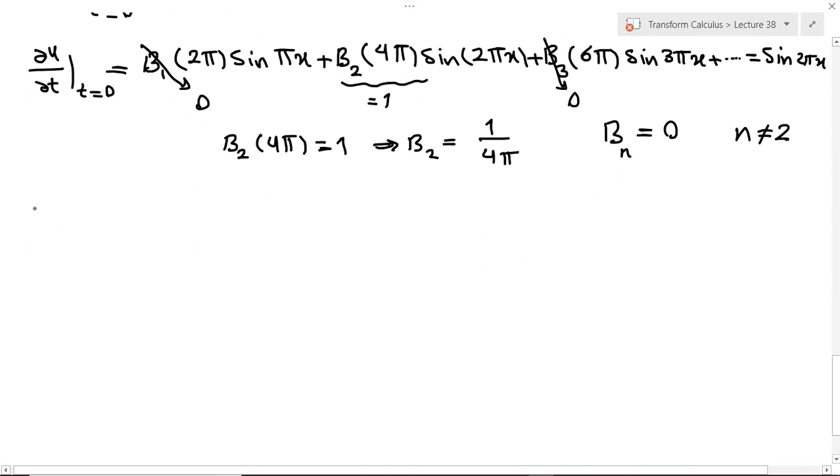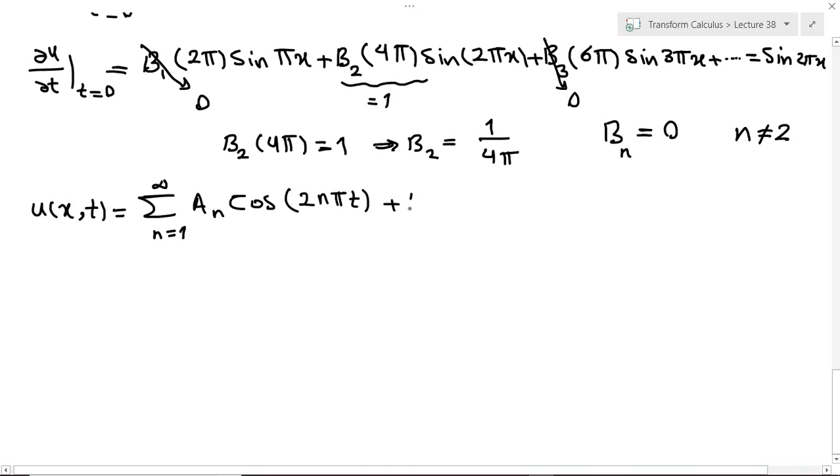So we had u of x and t is equal to the summation of an cosine 2n pi t plus bn sine 2n pi t, and they are all times sine n pi x.